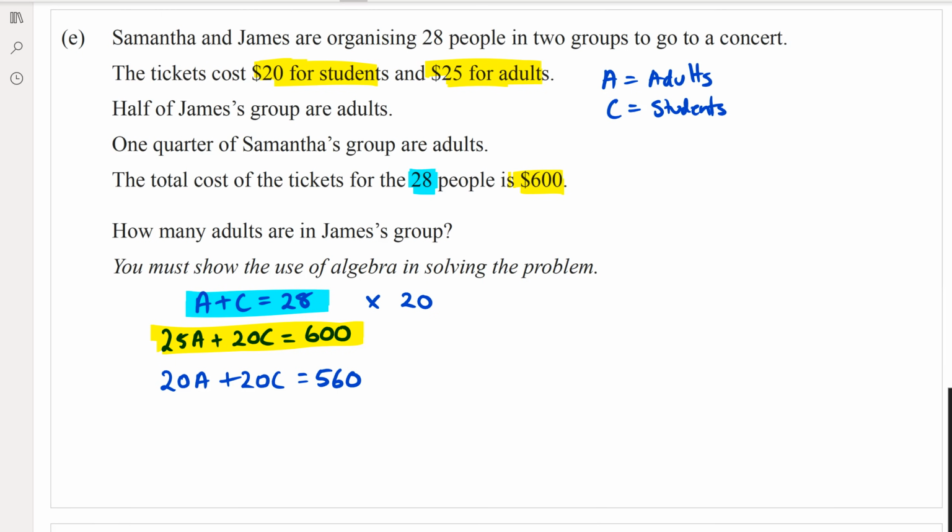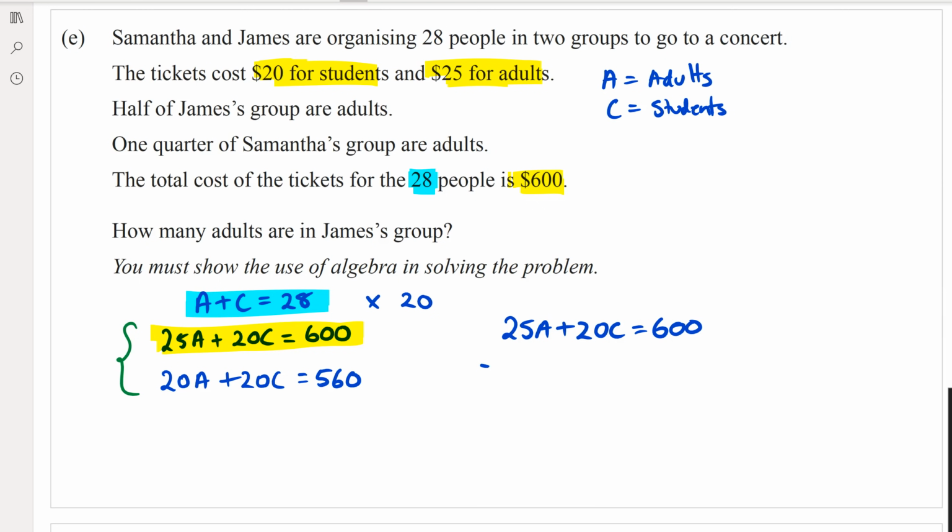Once I get that, I can write these 2 equations and subtract them. I'll show you what I'm talking about. I'm going to write this equation down: 25A plus 20C equals 600. But instead of writing minus, I'm going to change the sign for all of them.